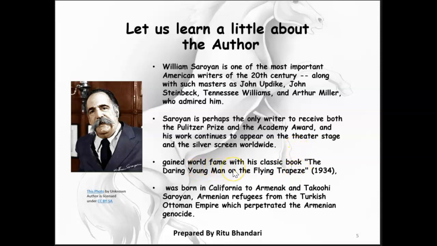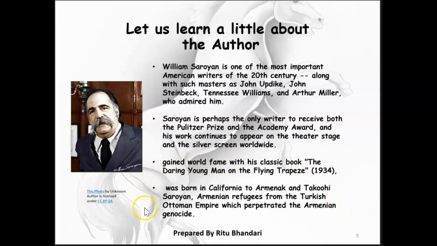He gained world fame with his classic book, The Daring Young Man on the Flying Trapeze, 1934, and was born in California to Armenak and Takuhi Saroyan, Armenian refugees from the Turkish Ottoman Empire, which perpetrated the Armenian genocide.